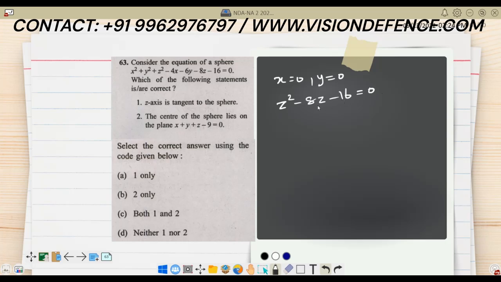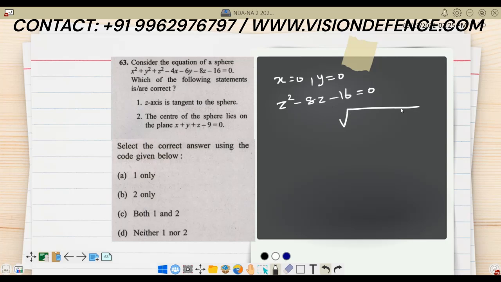So we have a quadratic equation. If this quadratic equation produces identical roots, that is, only one point exists between the axis and the sphere, then we can finalize it. But if we have distinct roots, then the z-axis is not a tangent to the sphere.